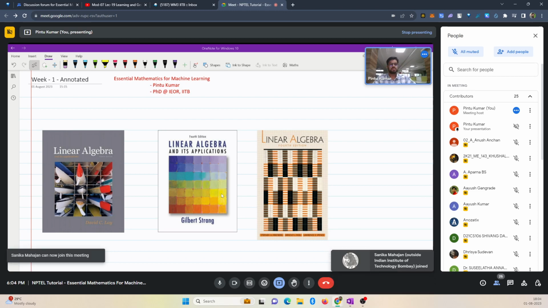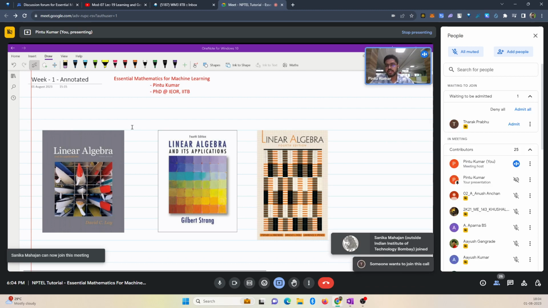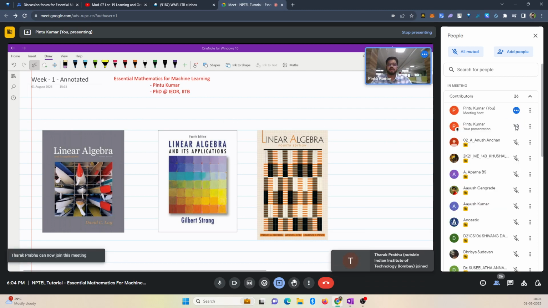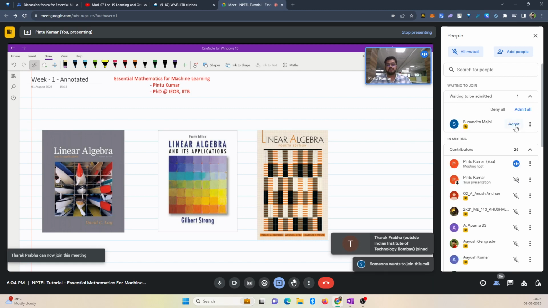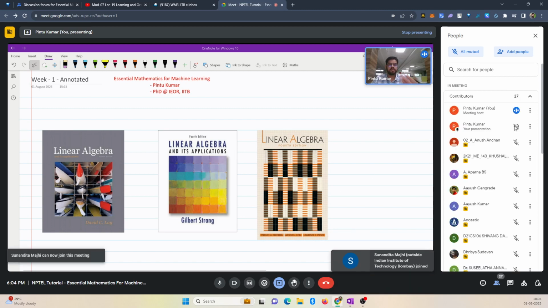So the first book is Linear Algebra by David Seeley. This book has many great examples. The books that I have listed are in increasing order of being more mathematical.